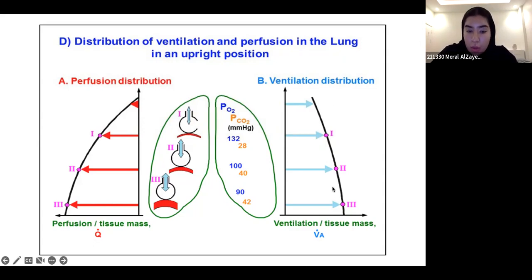So the ventilation at the top is less. Now the question is, why does the top of the lung have less compliance than the bottom?